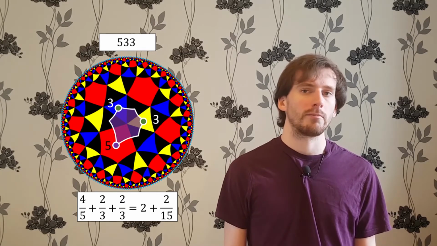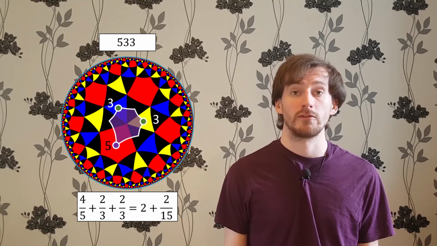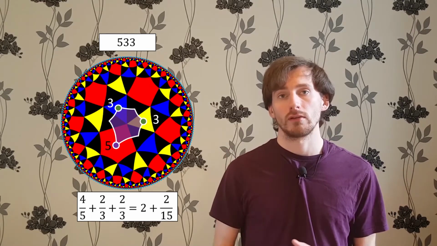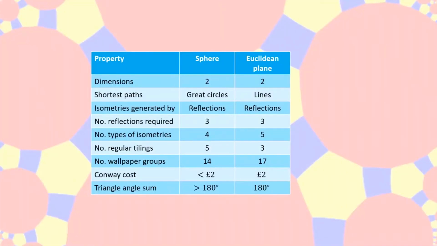Unfortunately, you do have to be careful. If you go shopping and pick out a random selection of features costing over £2, it is possible that they don't go together to give you a real tiling of the hyperbolic plane, so you have to choose your features carefully. I want to tie all of this back to our study of the sphere and the Euclidean plane.